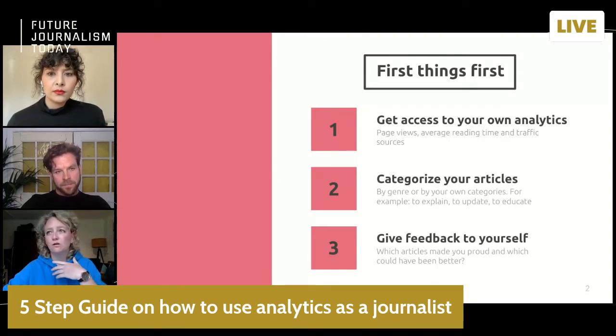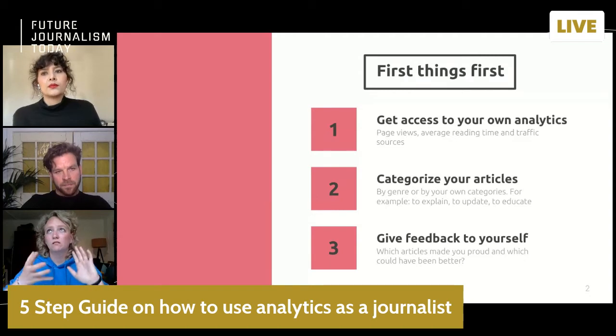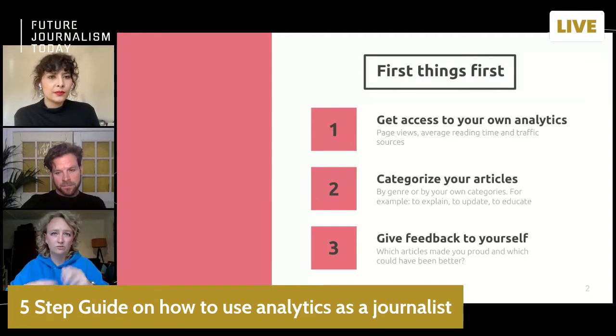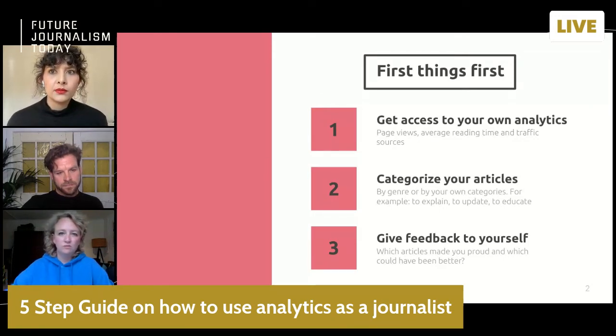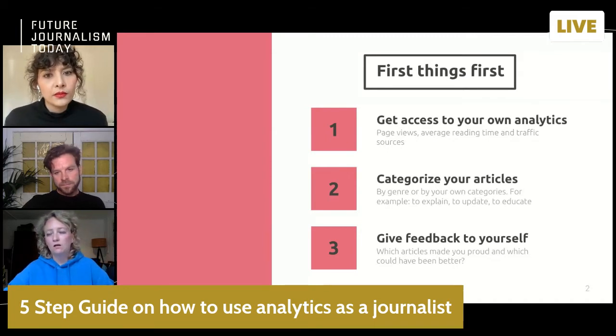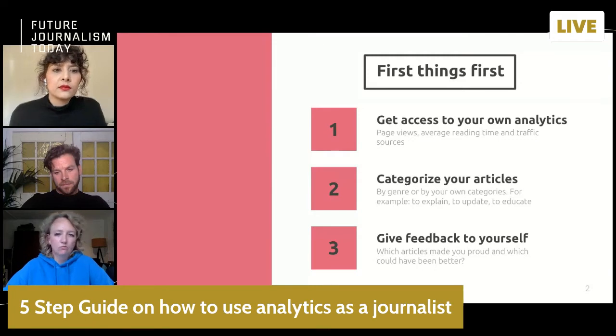But it's just which categories are logical for what kind of journalism you make. For my newsletter, for example, it's not logical to make categories of interview or news article. For me, it's more logical to use the BBC categories to explain, to update. So it depends on what you make, or what you want to know.